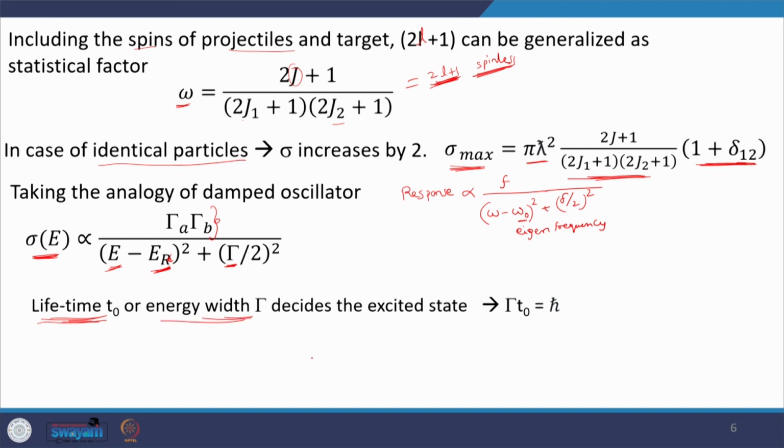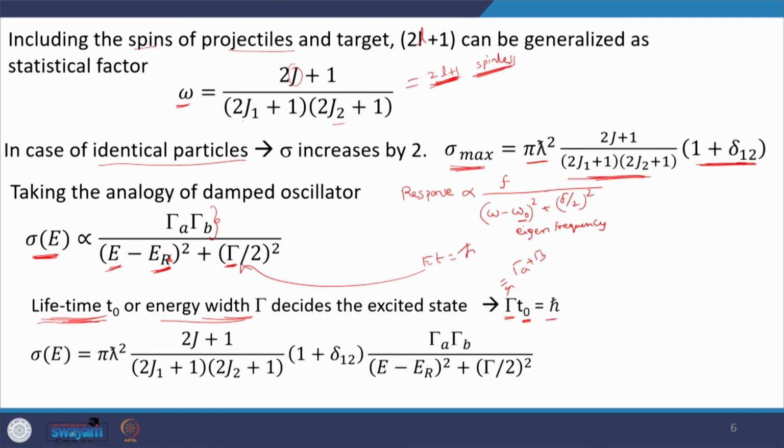That will decide the excited state, and using the Heisenberg uncertainty principle, E times T is equal to h bar, the corresponding value for energy is nothing but the total width, which is gamma A plus gamma B. This is the lifetime, and the product of these two is given by h bar. By taking this, one can write down the final expression for the cross section of a resonant reaction.